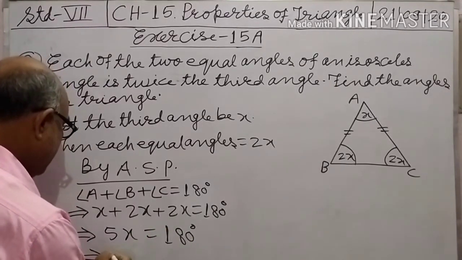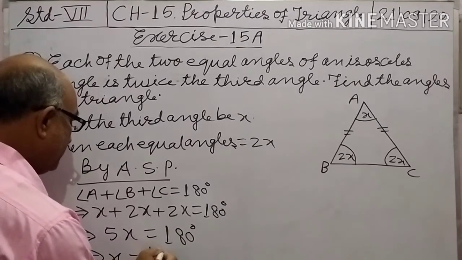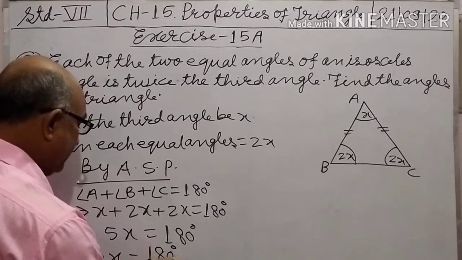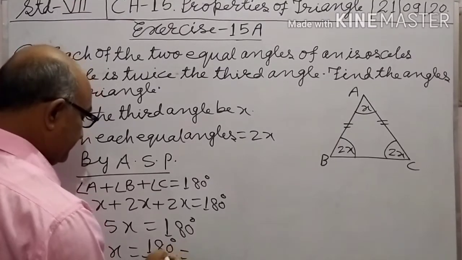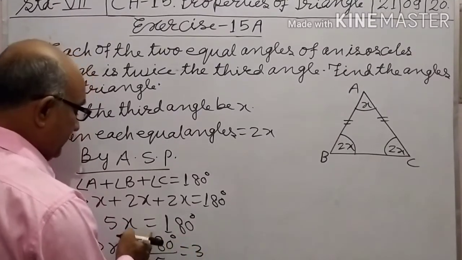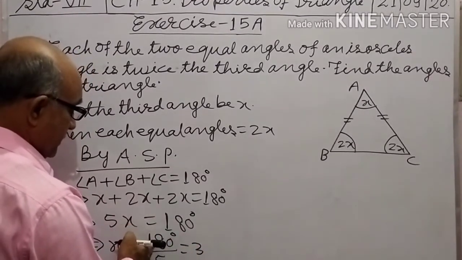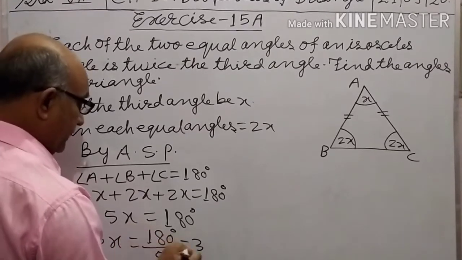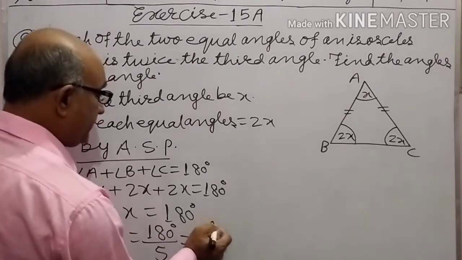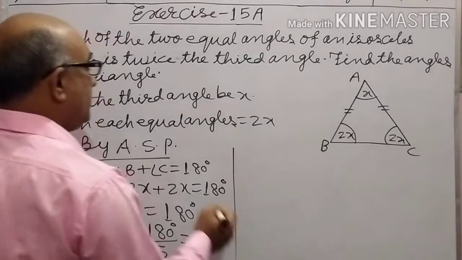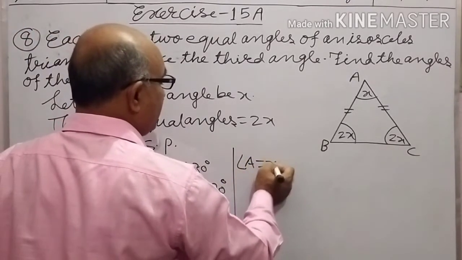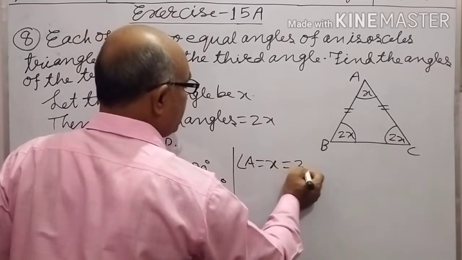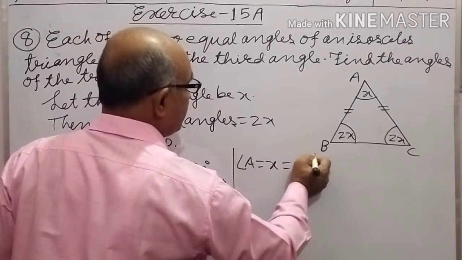That implies X equal to 180 degree by 5. Divide it. 5 3s are 15, so 3, 30, 5 6s are 36. 36 degree. Now angle A equal to X equal to 36 degree.